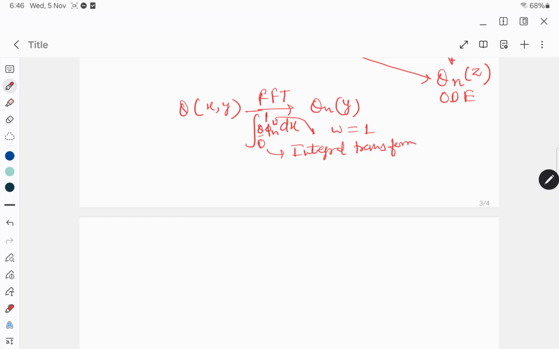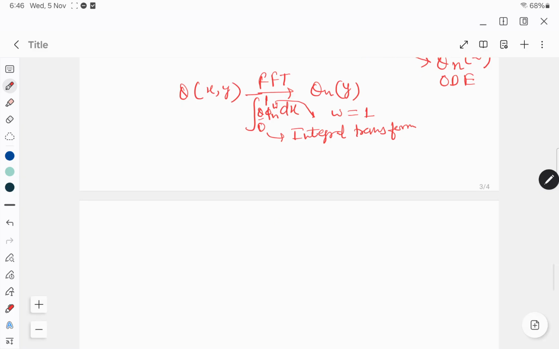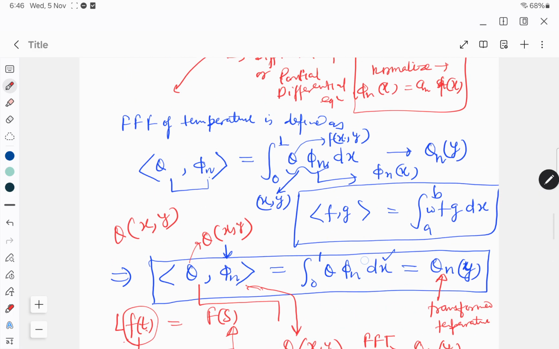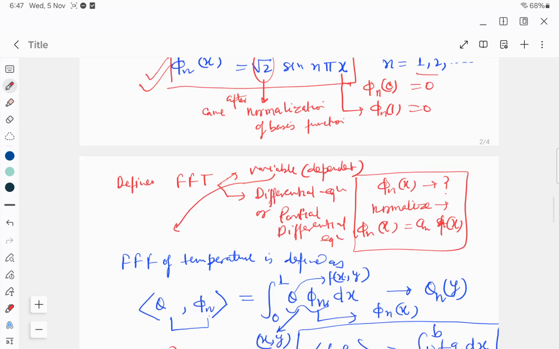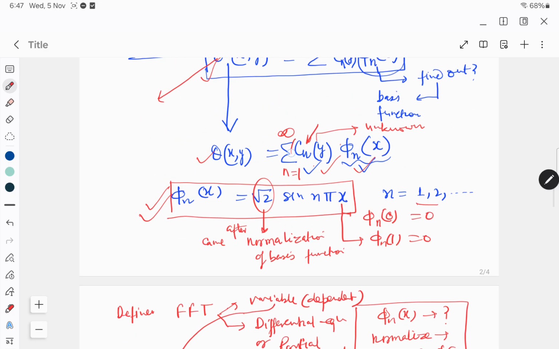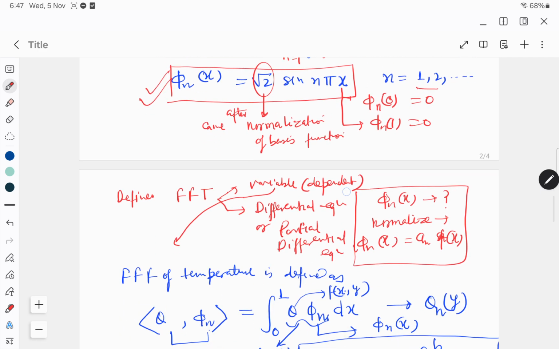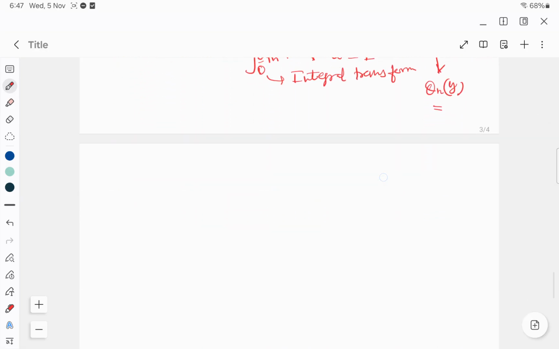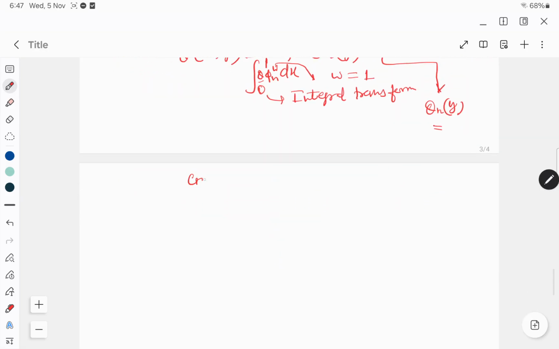Now what is crucial to see right here is that this theta n of y that we are getting is a function of y only. You will see very soon that this theta n of y gives us c n of y almost, a function of y. This is a crucial point, so I am going to write it: this theta n of y is a function of y.